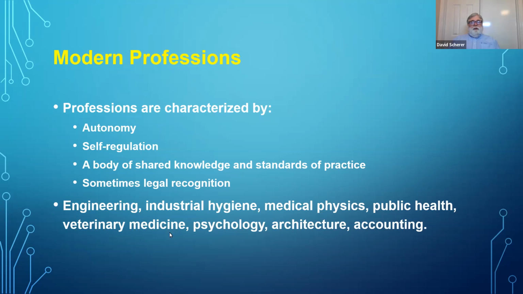It's required so that they can guarantee that it's going to function properly based on the engineer's education, experience, and so on. Industrial hygiene, medical physics, public health, veterinary medicine: there are many professions. They essentially operate autonomously, and people in that profession are responsible to one another. Now, why do I mention all this?